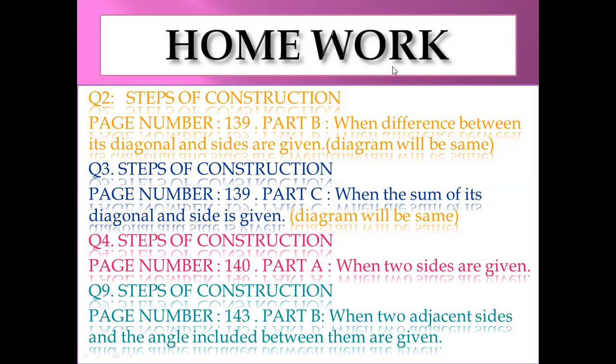But you will draw the angle of 60 degree with the compass, and you know how we draw the angle of 60. We have already done this in chapter 11 in class 7. Page number 143, part B, when two adjacent sides and the angle including them are given. The shape of the diagram is almost the same, and also the steps of construction are given there.